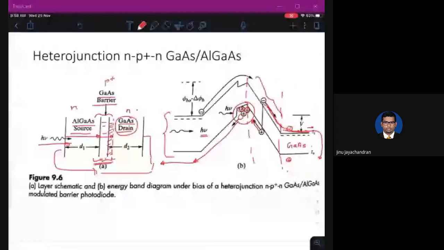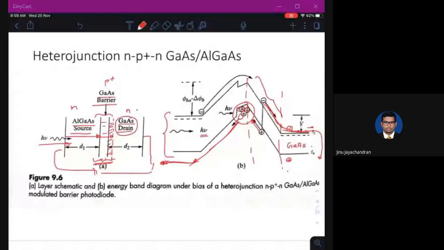The hole at the top of this gallium arsenide barrier needs some energy to move down, because an electron needs energy to move up, while holes need energy to move down, since the energy of the hole is converted by moving down. So it will move down by appropriate energy and go out of the circuit.